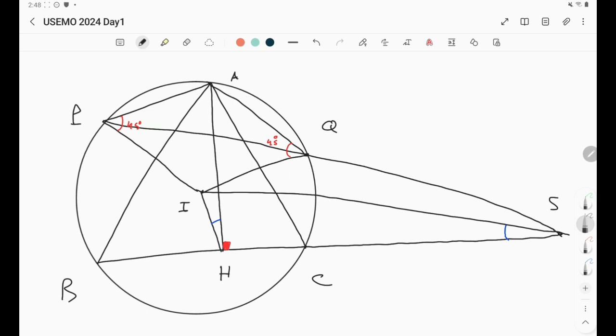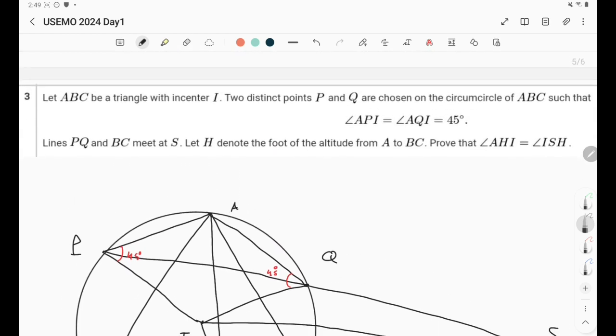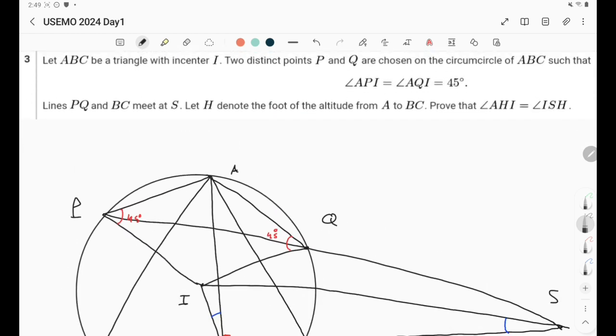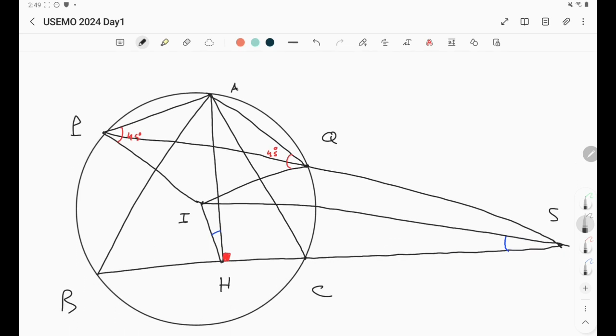Okay, what am I referring to here? What do I mean? That actually gives us a nice configuration to try bashing techniques here. Of course, this is a geometry question, and as you know, most geometry questions have either a synthetic approach to solve, of course this question as well, or you can go with a bashing technique.